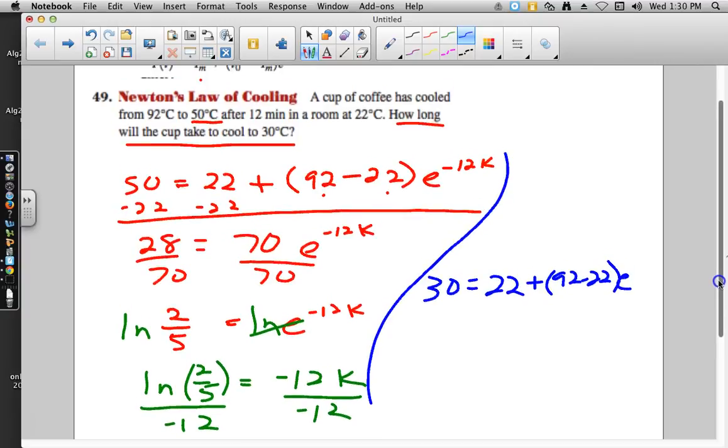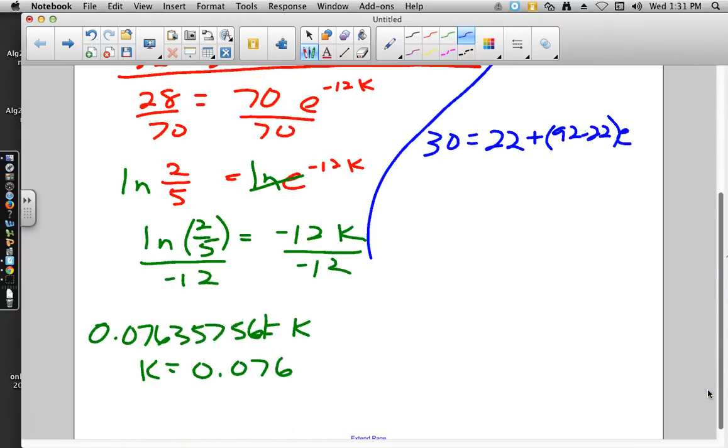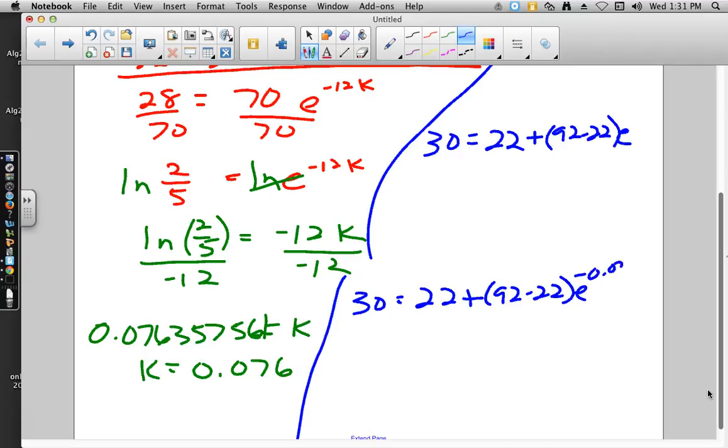So even though I wanted you to see the rest of this, I'm going to go down below here and do this work where there's more room. So 30 equals 22 plus 92 minus 22, e to the negative 0.076t. Keeping in mind that I wrote down the whole thing so that we could get a closer, more accurate estimation of what's going to happen.